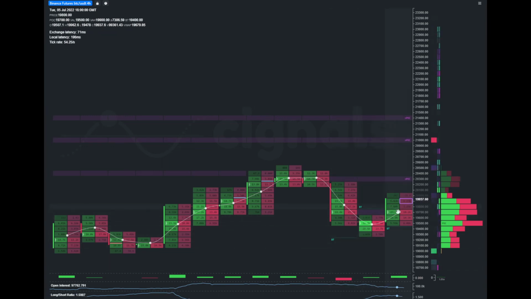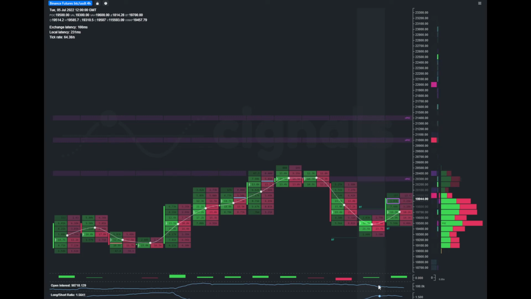Then you use the VWAP with that, and you use your long short ratios, your open interest, and all of that with it, and you follow the profile and the depth of market, and you combine all of these things together. You get a really clear picture of what is probably going to happen next, right?